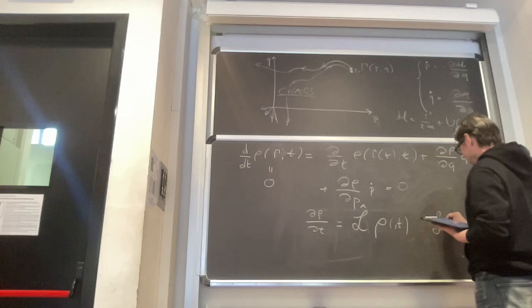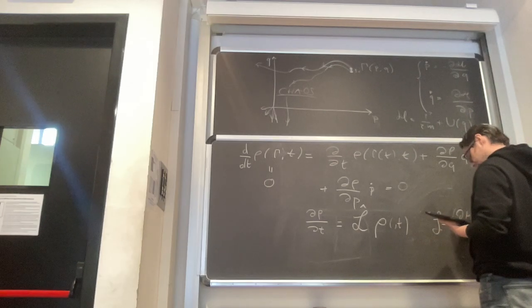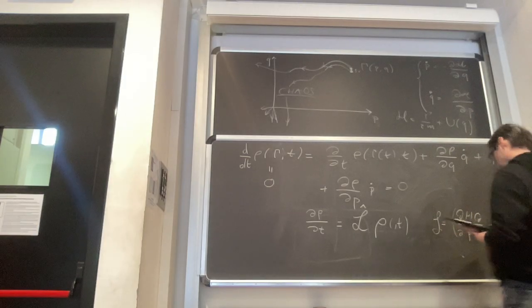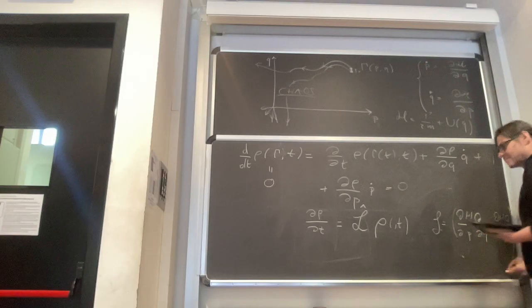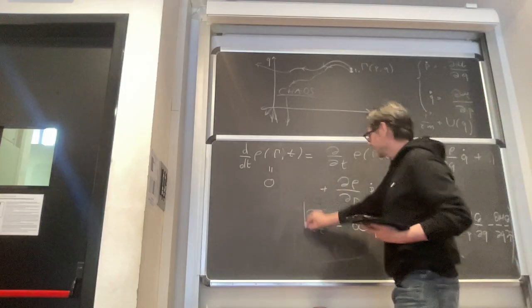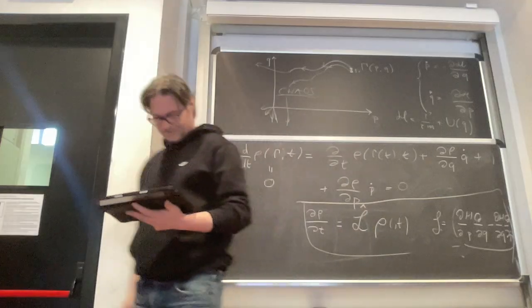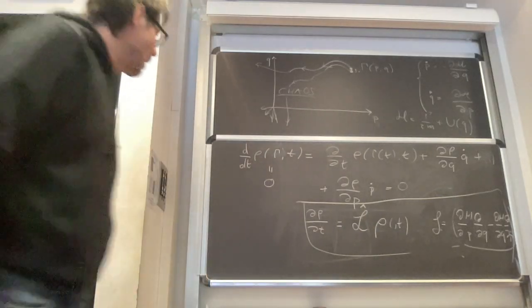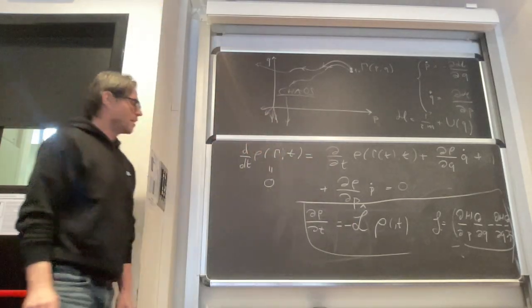And the Liouvillean is dH by dp d by dq, minus dH by dq d by dp. Sorry, there's a negative sign in the definition of the Liouvillean.